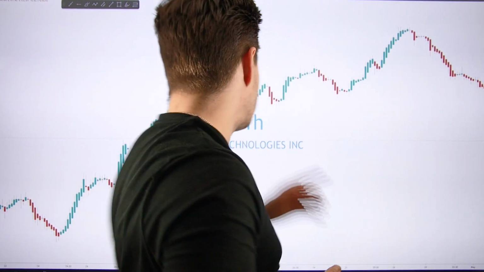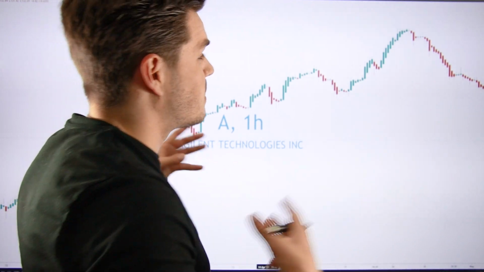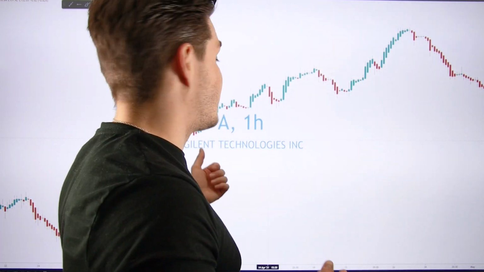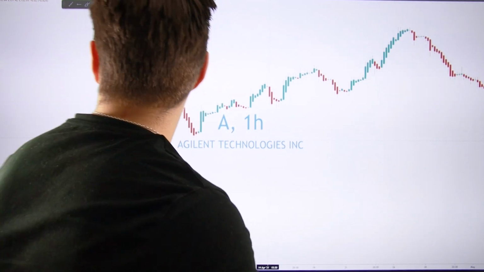So what I'm going to do is change this one, guys, because for the sake of giving you a really realistic expectation here, I'm not going to focus on Agilent Technologies, because at the end of the day, like I said, 131 bucks a share is going to be a little bit too pricey for the vast majority of new retail traders in the stock market.